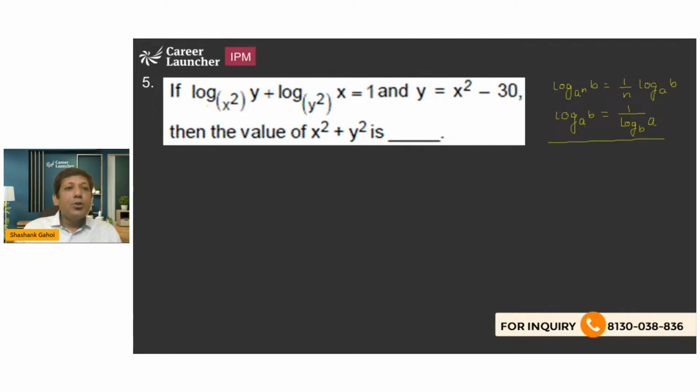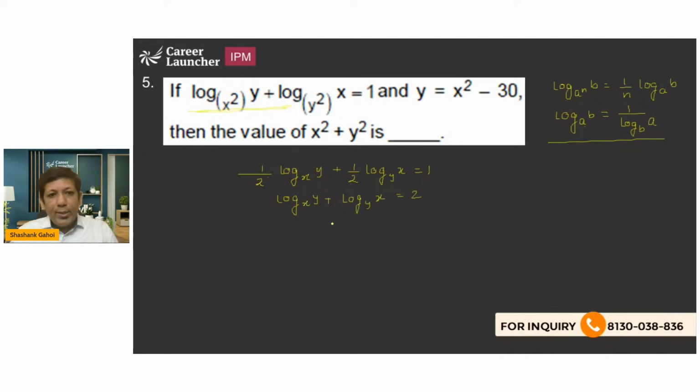Okay. So if I am talking about the first term, it can be written as 1 by 2 times log base x y plus 1 by 2 times log base y x, and that is equal to 1. Now I'm going to multiply by 2, so I get log base x y plus log base y x, and that is equal to 2.